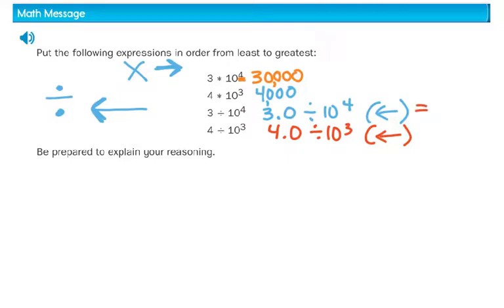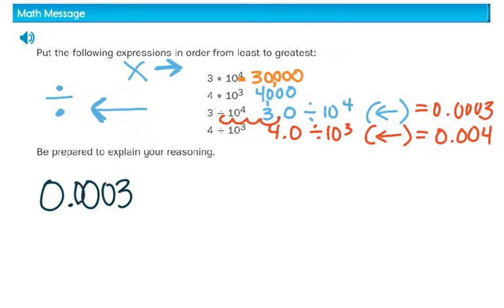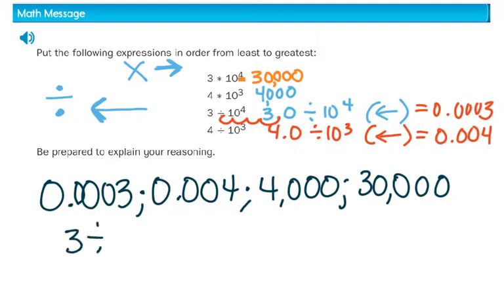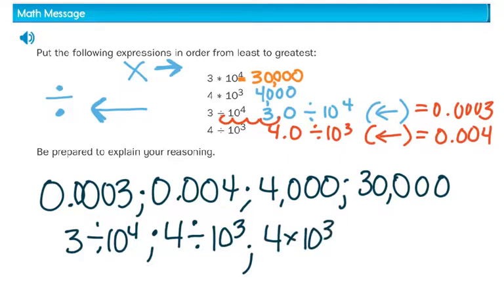All right, if you figured this one out, now, if I put those in order from smallest to largest, in other words, 3 divided by 10 to the 4th power is the smallest. 4 divided by 10 to the 3rd power is the next smallest. 4 times 10 to the 3rd would be the next smallest.